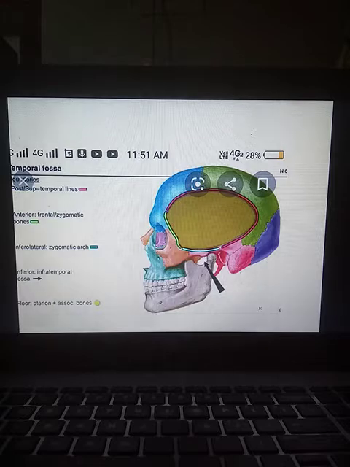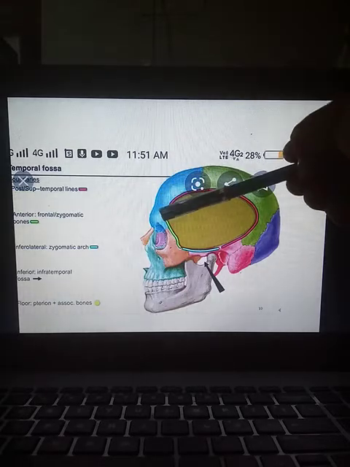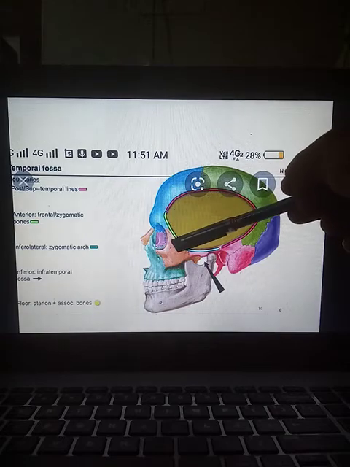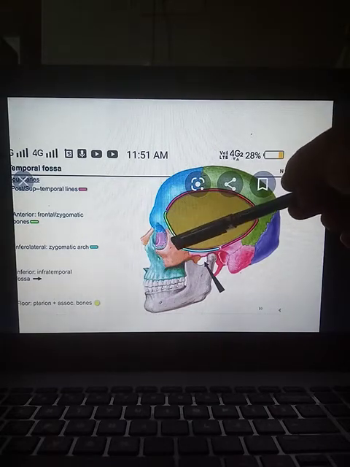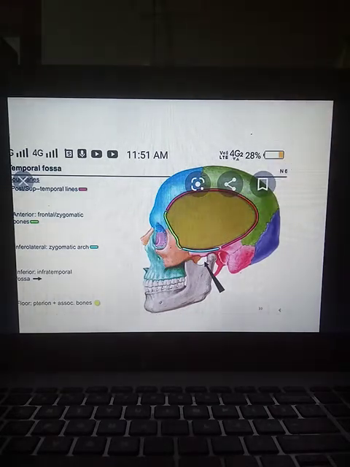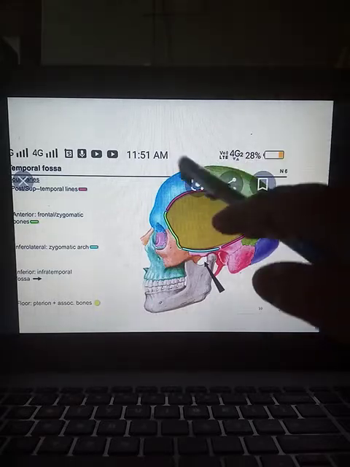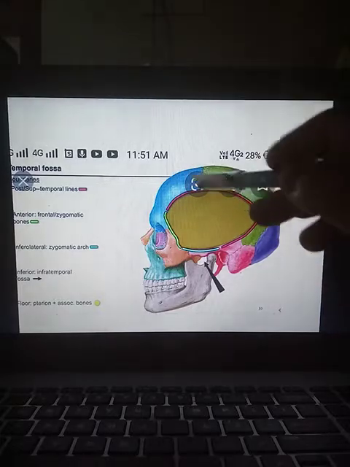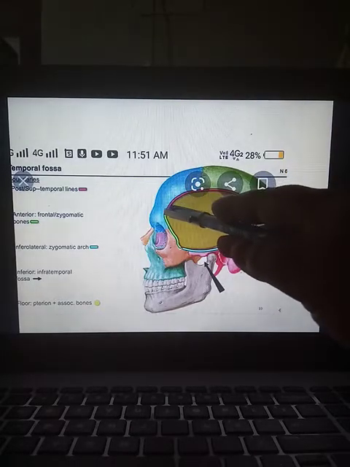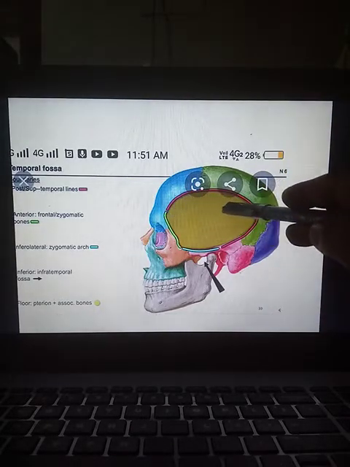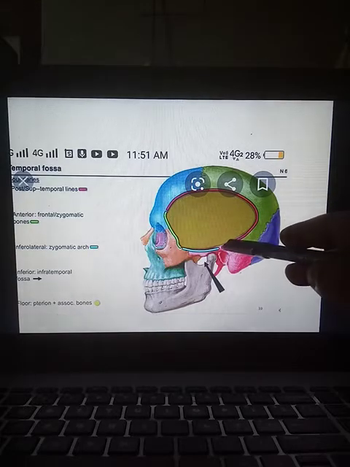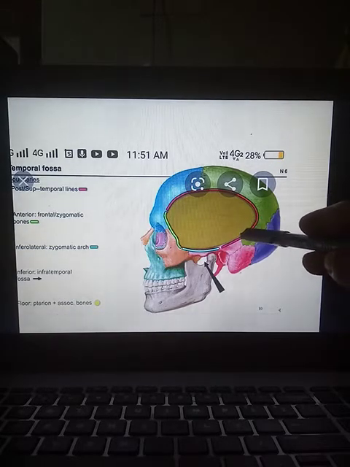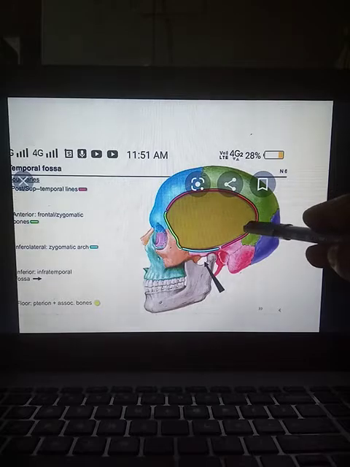So the anterior relations of the temporal fossa are the frontal bone and the zygomatic bone. Then posteriorly, beneath your superior temporal line you have another line, the inferior temporal line, which goes posteriorly. So your inferior temporal line forms the posterior boundary.